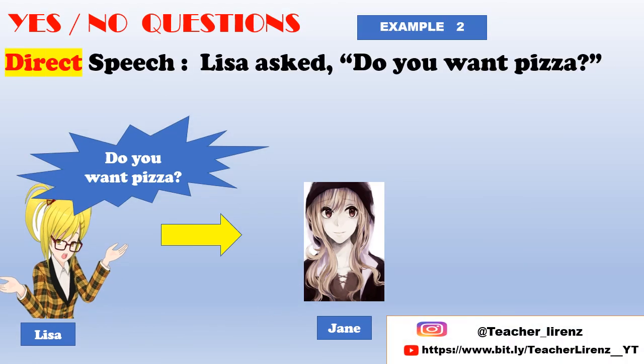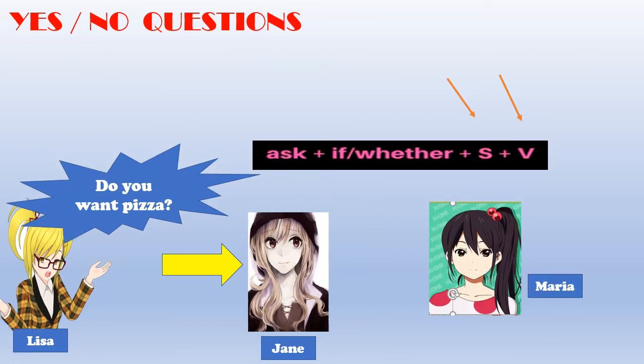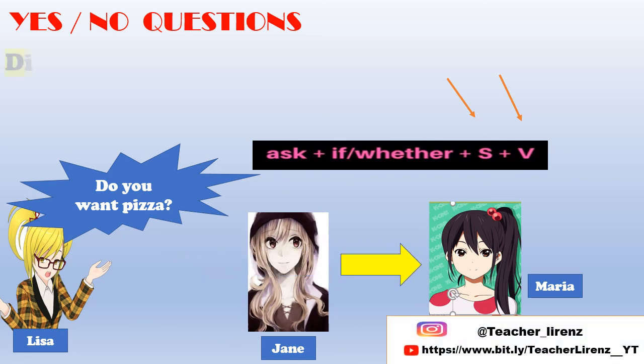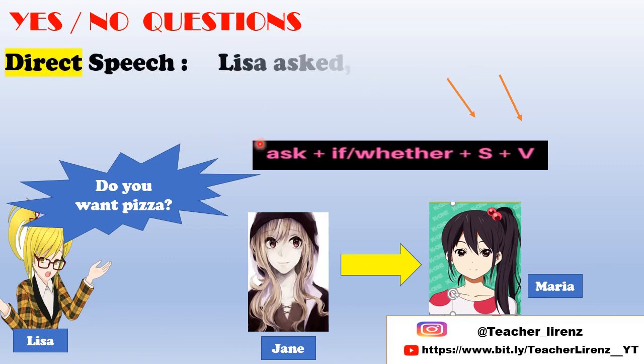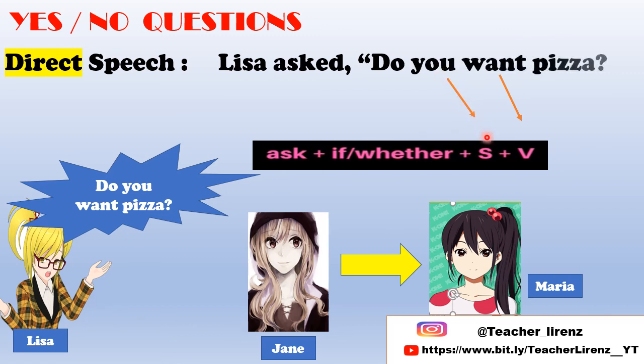"Do you want pizza?" Lisa asked Jane. This is direct speech. For the indirect speech, okay, Jane will tell Maria: Lisa asked me if or whether I wanted pizza.